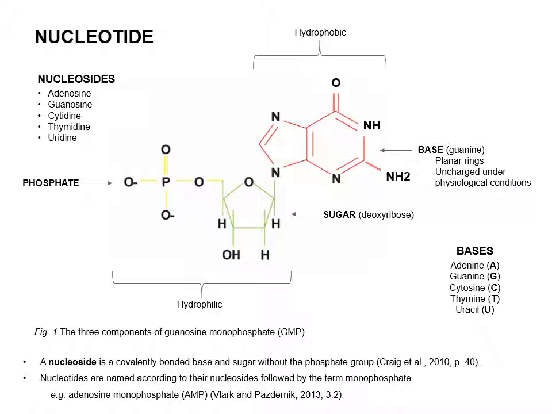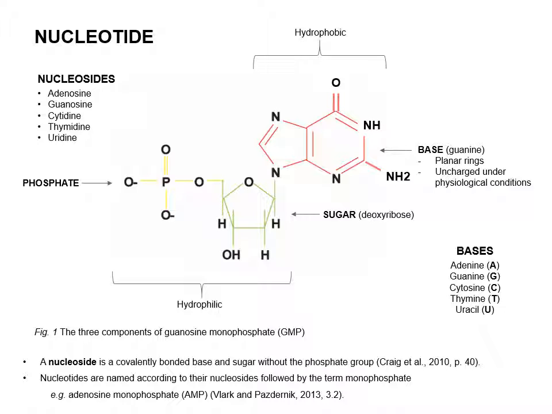The bases of the nucleotides are called adenine, guanine, cytosine, and thymine, and abbreviated to A, G, C, and T when written as a sequence or primary structure. In RNA, thymine is substituted for by uracil, which is abbreviated to U.